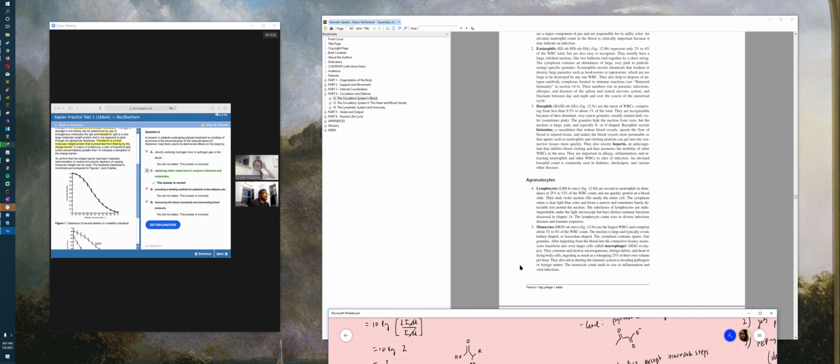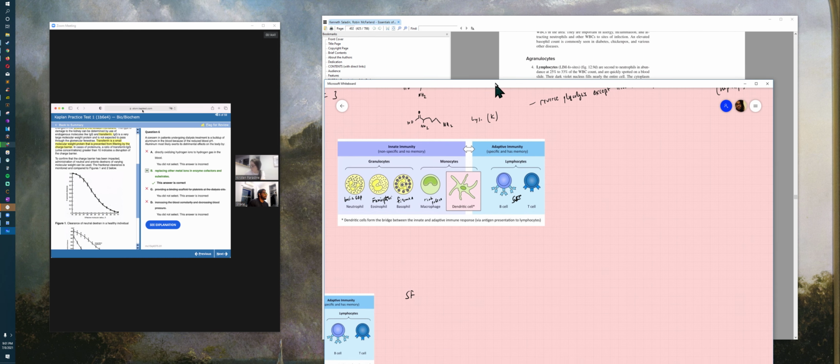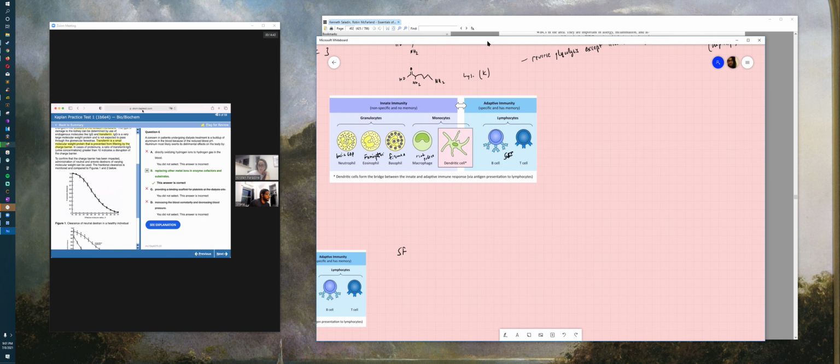And then the lymphocytes, the B cells and the T cells, I wrote that they were like special forces. I saw that Anki card, but I didn't get up to it yet, so I didn't stress myself out about it. They take longer to mobilize because they're not innate immunity; they're adaptive.